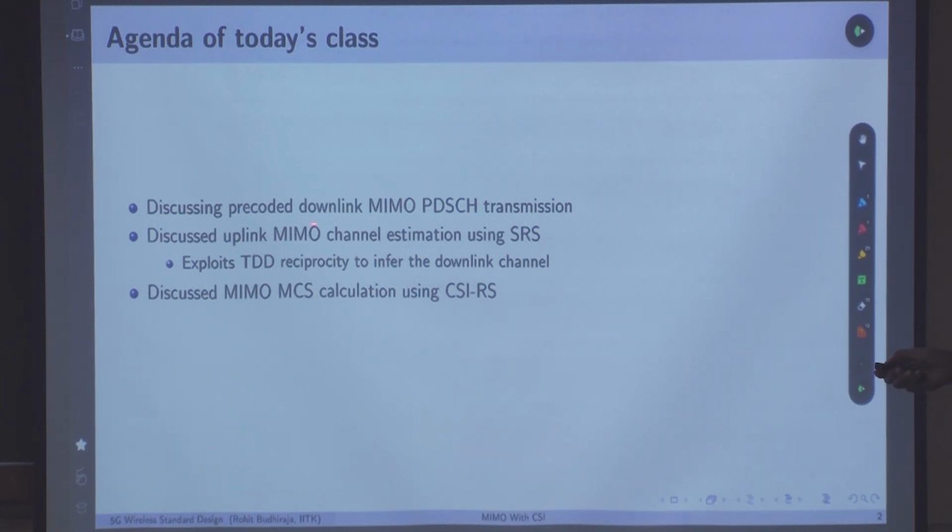And how is it going to design that precoder? It is going to use this channel which it has estimated. So these two problems are solved, and the base station is ready to transmit precoded PDSCH to the user.